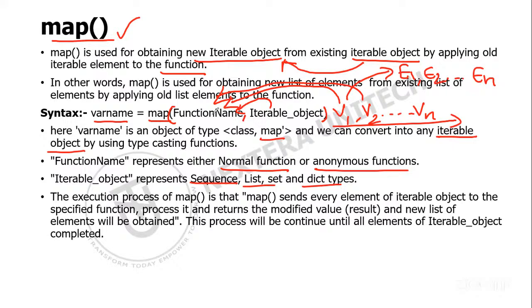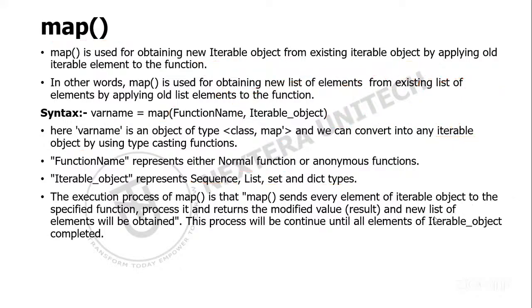But what does the function do? It processes the values and returns the modified results for all the elements of the iterable object. Clear? So let us understand a few examples on the map function as well.